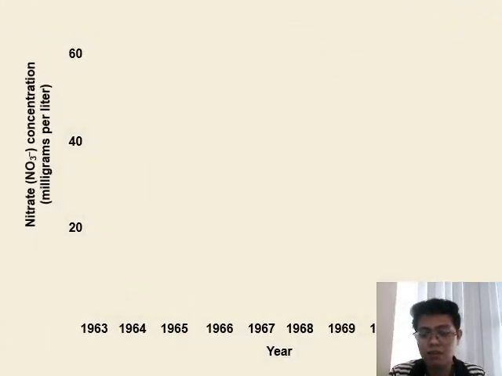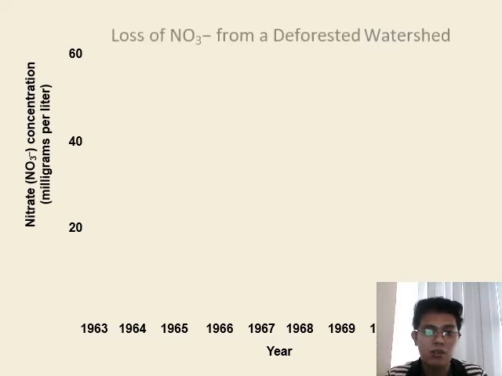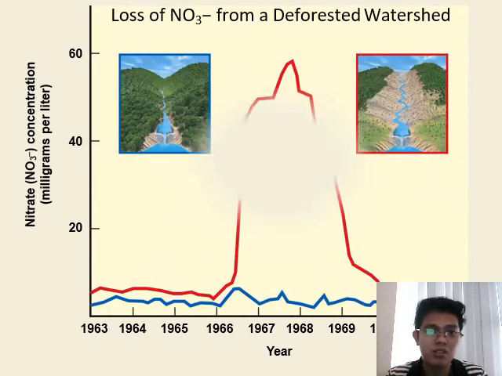Go back to our first core case study, A Story of a Forest, conducted in Hubbard Brook Experimental Forest in New Hampshire. One of the factors measured there to determine the change is soil nutrients, and that specific nutrient is nitrate ions. In this graph, I'm going to show you the loss of nitrate ions, comparing the deforested one and the controlled one.